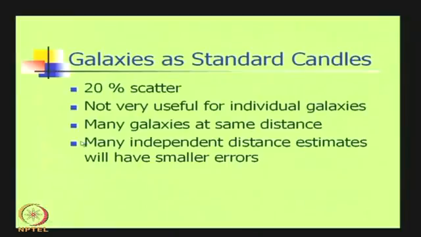So, the signal to noise ratio will increase by a factor of root 2, and this is the basic idea. So, if you have many independent estimates of galaxies which are at the same distance, you can use these to reduce the error from 20% to lower.